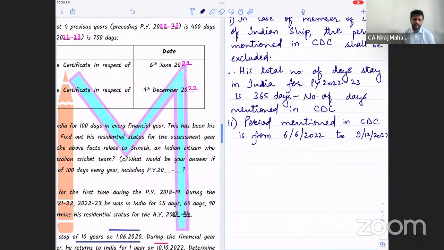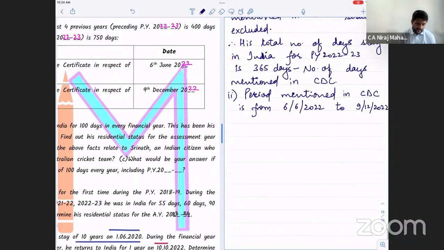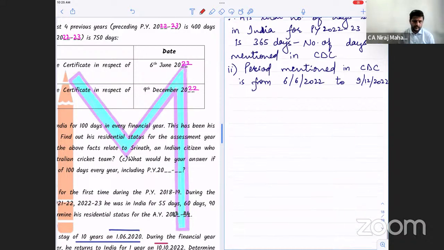Correct? Including both dates or excluding both dates? 6 June will we add, 9 December will we consider or not consider these dates? Tell me. Including both dates.